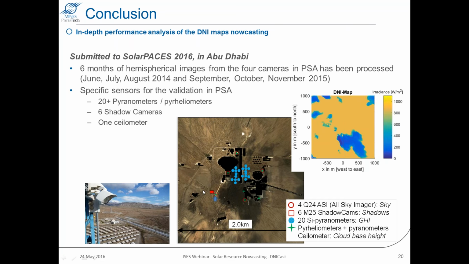Mixing the cloud shadows acquired in real time by these cameras and the pyrheliometric measurements on the site, you can derive a reference DNI map in real time that should be compared to the one that has been nowcasted by the fisheye cameras.